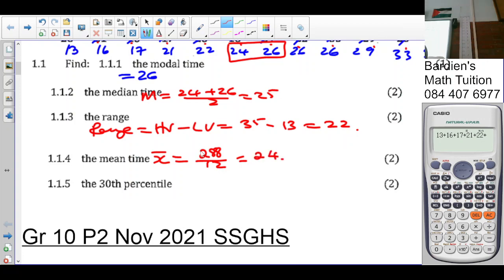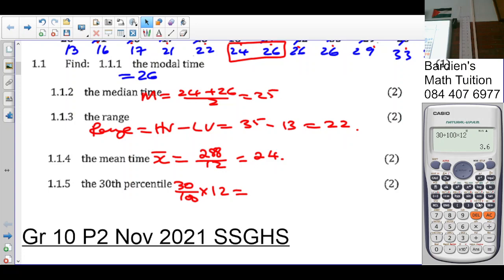Then now they ask you to work out the 30th percentile. So the 30th percentile is 30 over 100 times the number of entries, which is 12. 30 divided by 100 times 12 gives you 3.6.